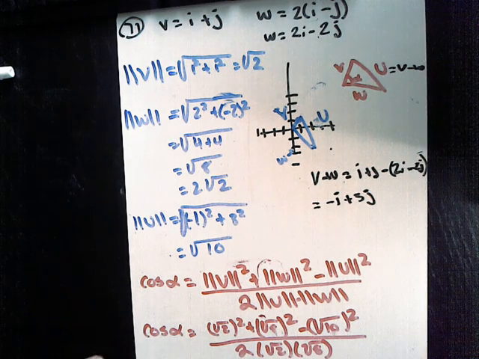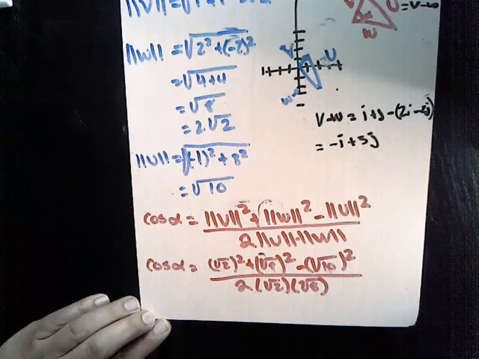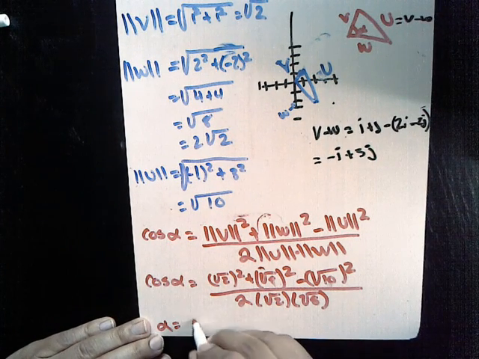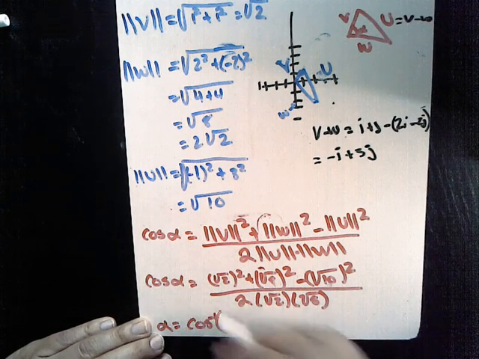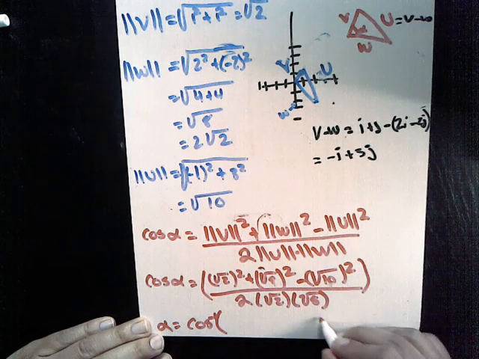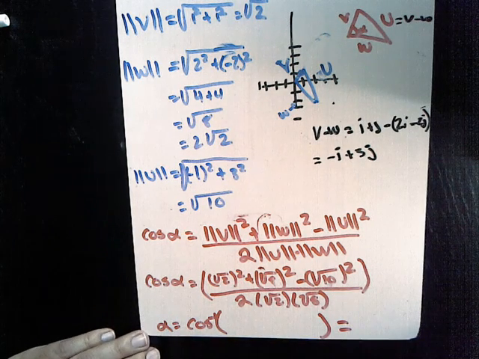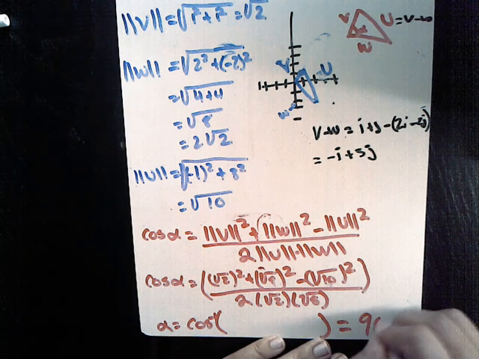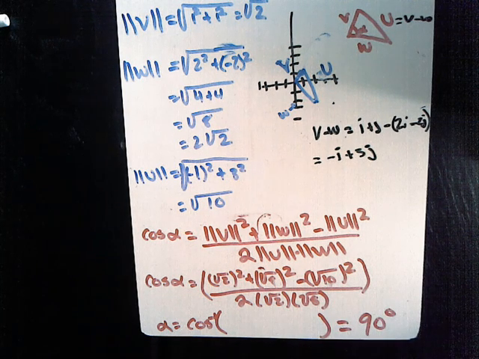So I'd solve all of this side and then ultimately just do the cosine inverse. So alpha is equal to the cosine inverse of all of this here, which when you plug it into your calculator should get you 90 degrees. Okay, so that's 77.